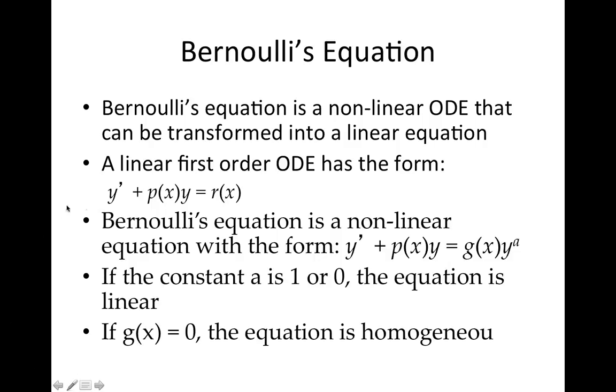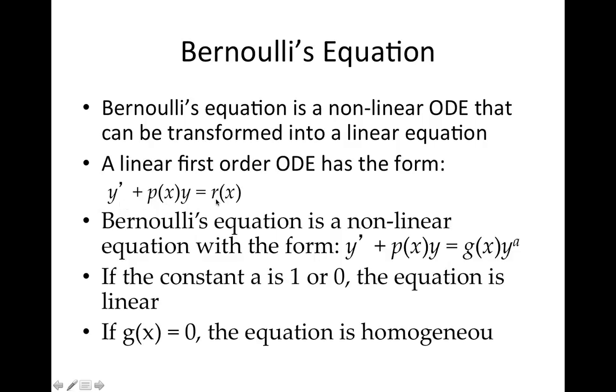So first of all, let's remember what a linear first-order ordinary differential equation looks like. Basically, it will contain the first derivative of y, assuming the equation is in the form of y as a function of x. It'll contain the first derivative of y, and it'll contain a y, multiplied by some function of x, possibly after you do some manipulation to get the first derivative term without a coefficient.